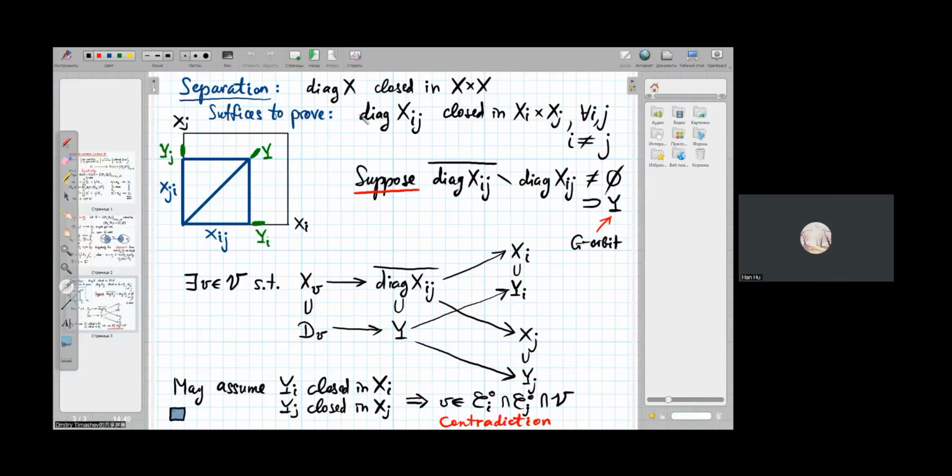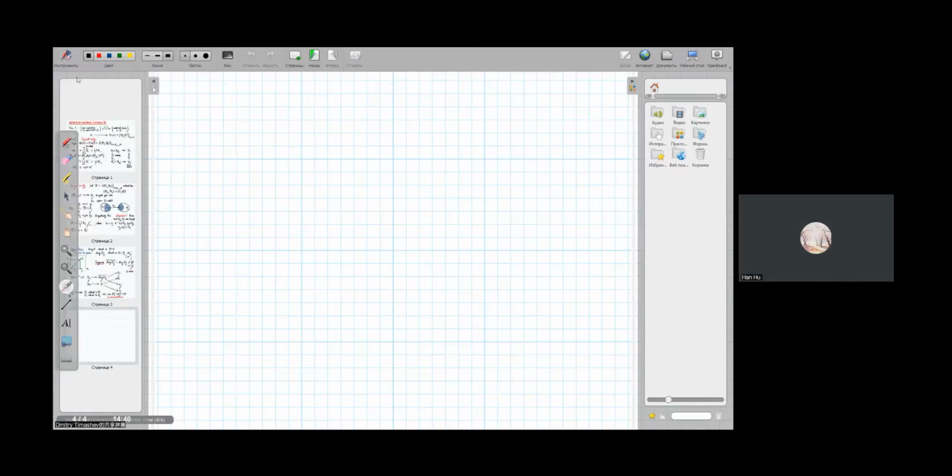The first geometric consequence is immediate from the properties of colored fans. It describes the mutual position of orbits on a spherical variety, namely the closure ordering of orbits. So the closure ordering on orbits is described in the following way.